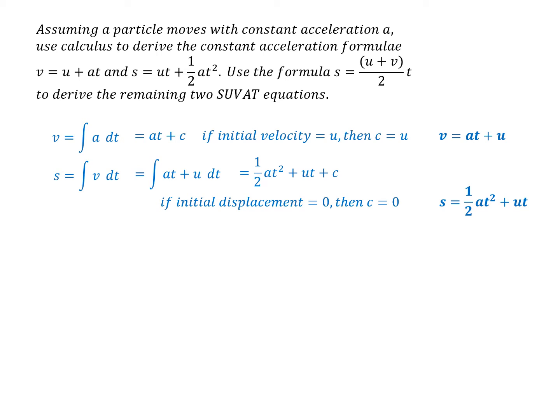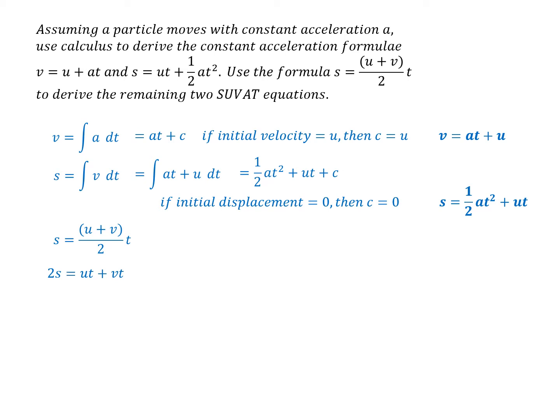Okay, so we've done the first two parts of this question. Now we're asked to use this formula to derive the remaining two suvat equations. So let's start with that formula then, and we'll rearrange it in the following way.